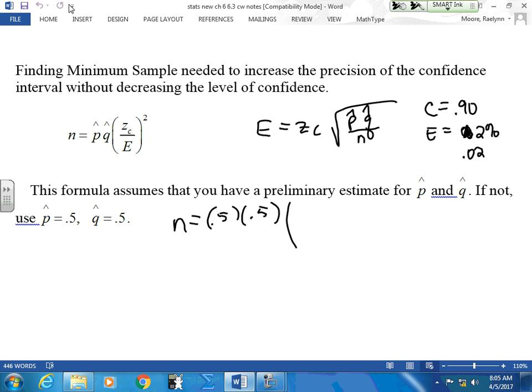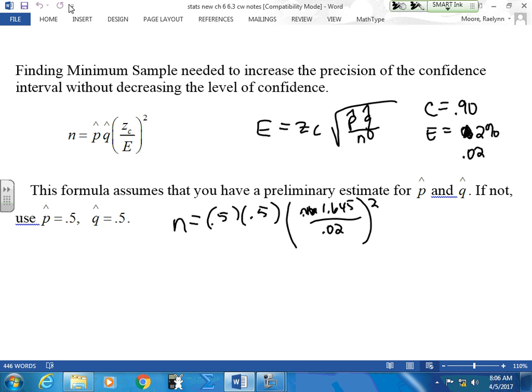So now, if I plug this in, and I say my ZC for 90, I do my inverse norm, 1 minus 0.90 divided by 2, I get 1.645, divided by my margin of error, and I square it. And what did we always have to do to your sample size? Round which way? Round up. I'm always going to be rounding up.